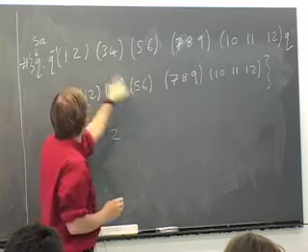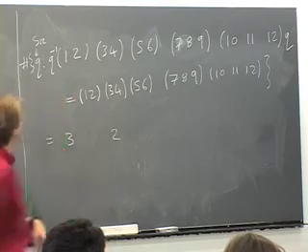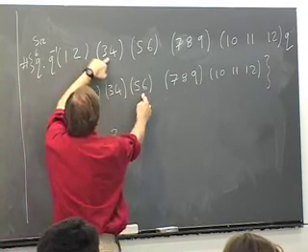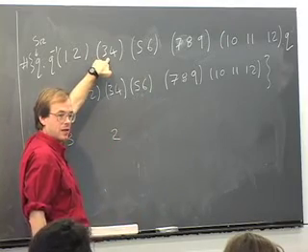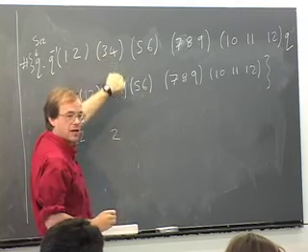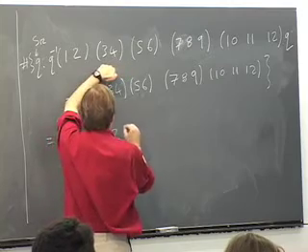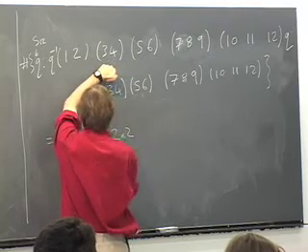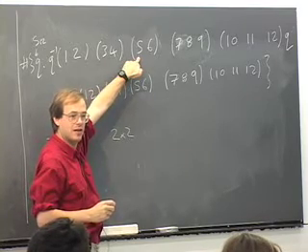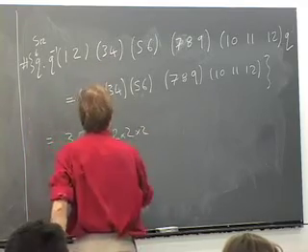I can either send 1 to 5 and 2 to 6, or I can send 1 to 6 and 2 to 5. Okay, assume that I've chosen the way to match these 2. How many 2 cycles could I match this one with? 2. And when I do that, how many ways are there of actually doing that matching? 2. And then with the final 2 cycle, how many ones can I match it with? 1. And there are 2 ways of doing it.